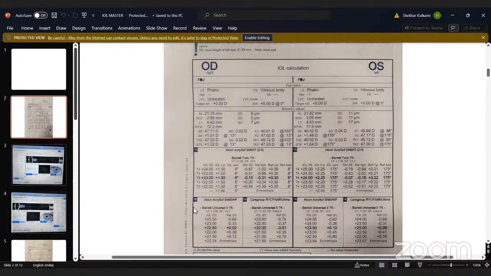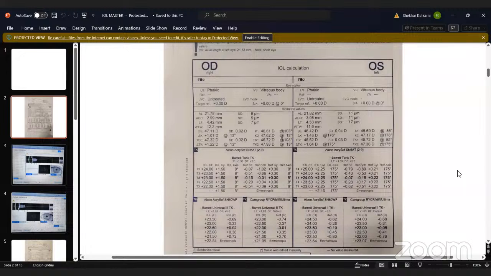Okay, sir. So practically, while doing the IOL Master measurements, this is the interpretation which can be done. First is the lens status, which depends on the patient's eye condition.